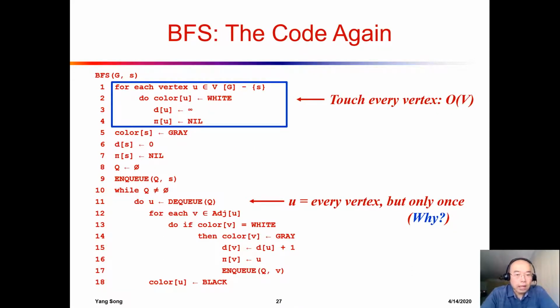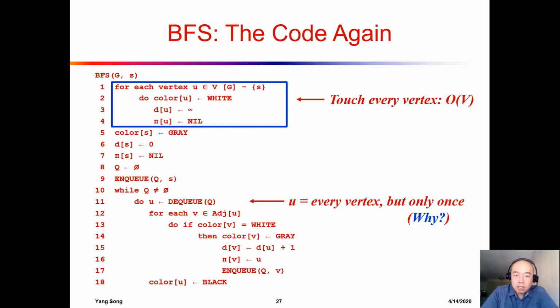The reason is, at the very beginning we enqueue the s, which is the root, right? And then on the fly of exploring the nodes, for each node we dequeue, eventually we will color that to be black. So a black node won't be touched again, or I can say the black nodes won't be enqueued again.